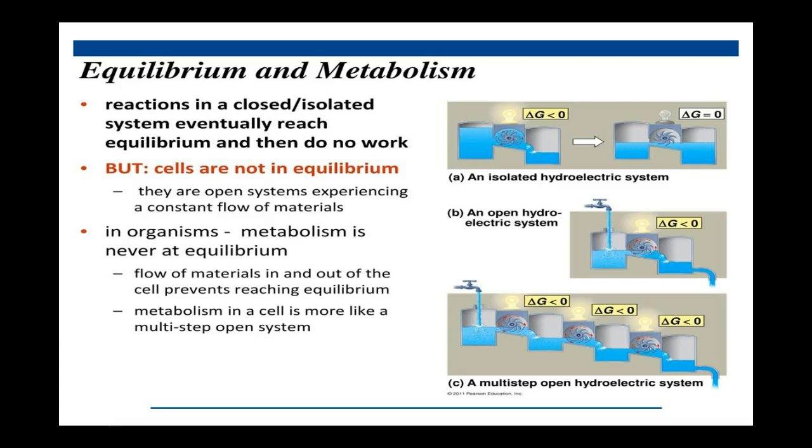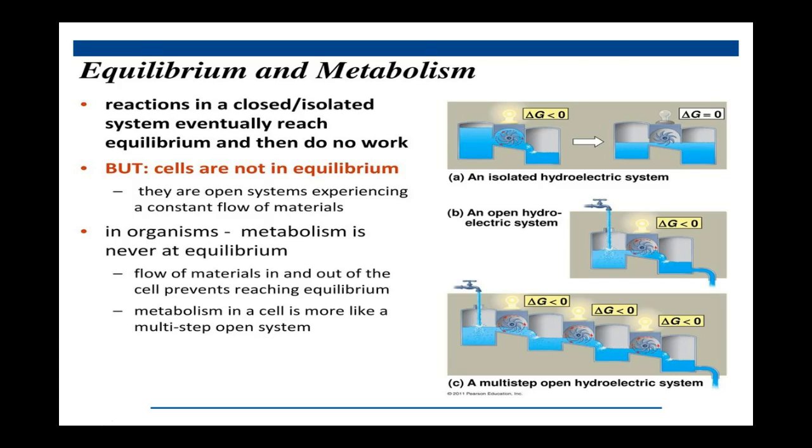Here you have an image of the reactions in a closed system. What we're using is a hydroelectric system as our example. The water is going to turn the wheel of a hydroelectric system only until the water reaches equilibrium. Then the wheel will no longer turn. Something has to come and actually pump the water back up again so that it can turn the wheel.